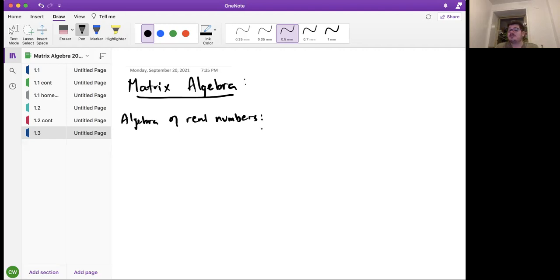For example, multiplying 2 matrices together is going to look a lot different than multiplying 2 numbers together. First, let's understand what we mean by algebra of just numbers, and then see how the matrix world is a little bit different. There are 2 main operations of real numbers: addition and multiplication.